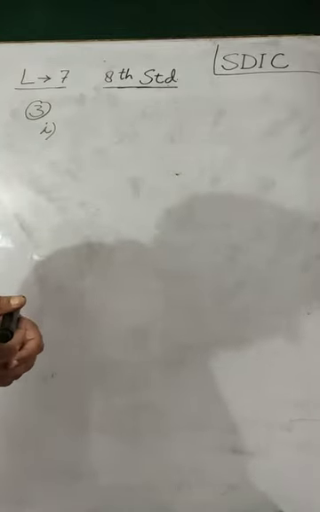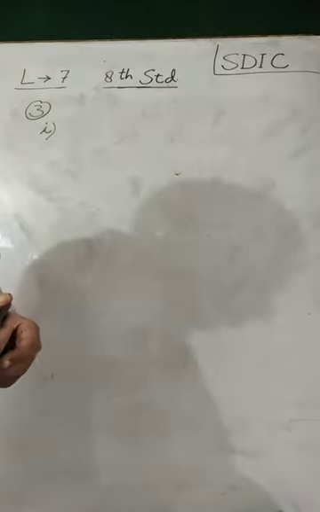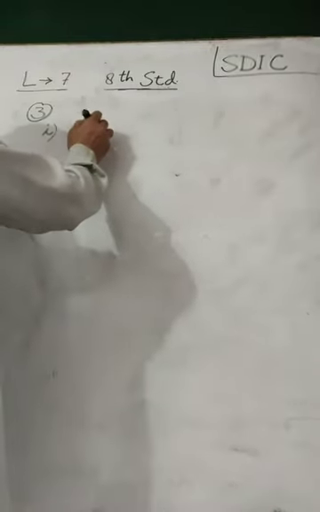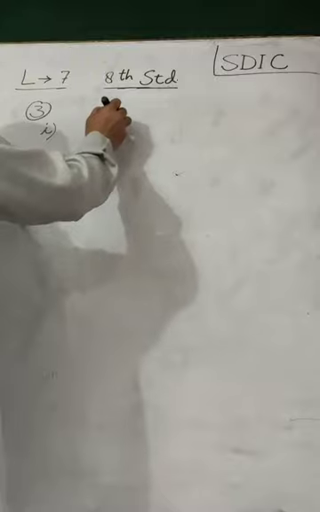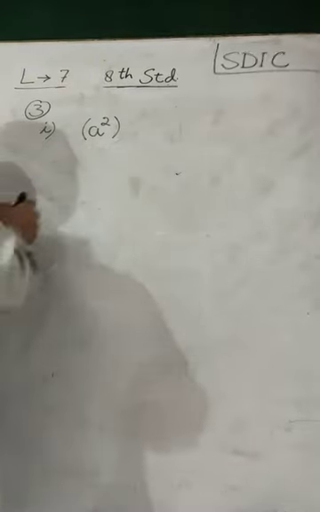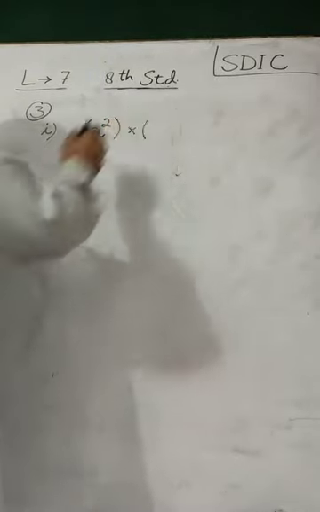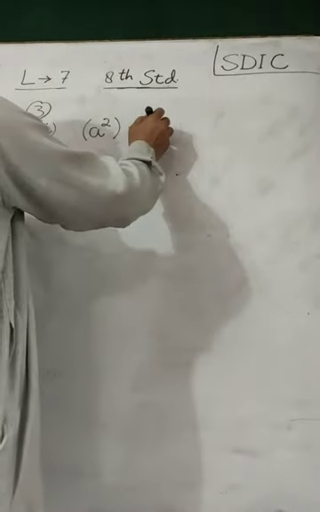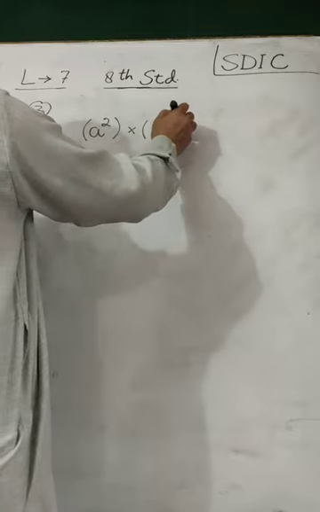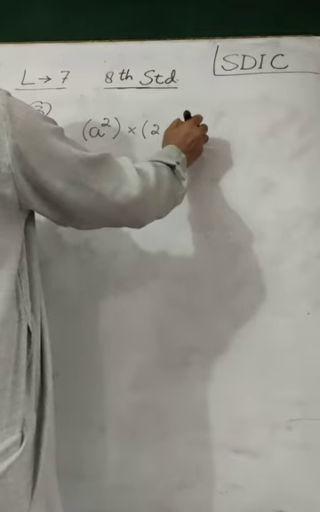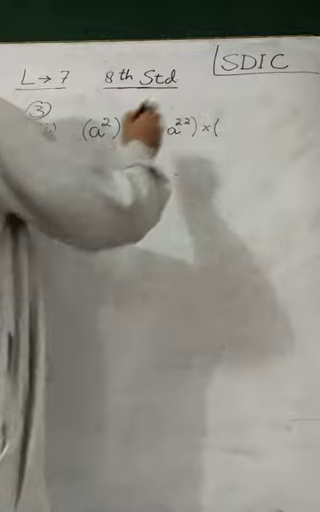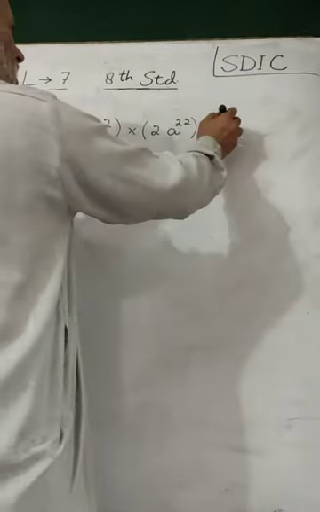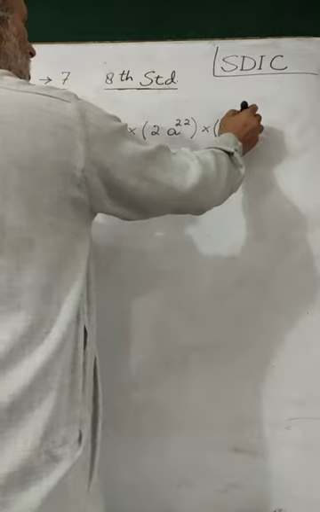Well, the first part of this question involves 3 monomials. a square, the first expression, is put in a bracket, it is a monomial, multiplied by the second expression, again a monomial in a bracket, it is 2a raised to power 22, then multiplied by another monomial, put in a third bracket, 4a raised to power 26.